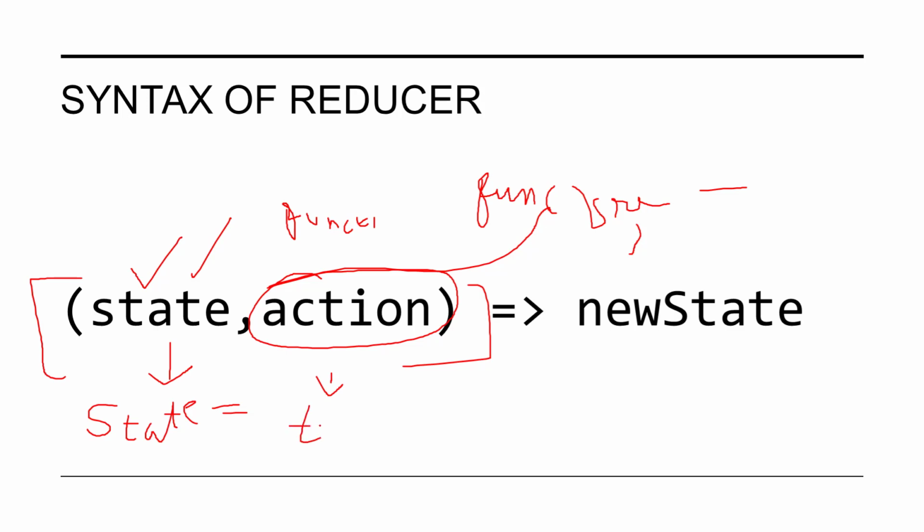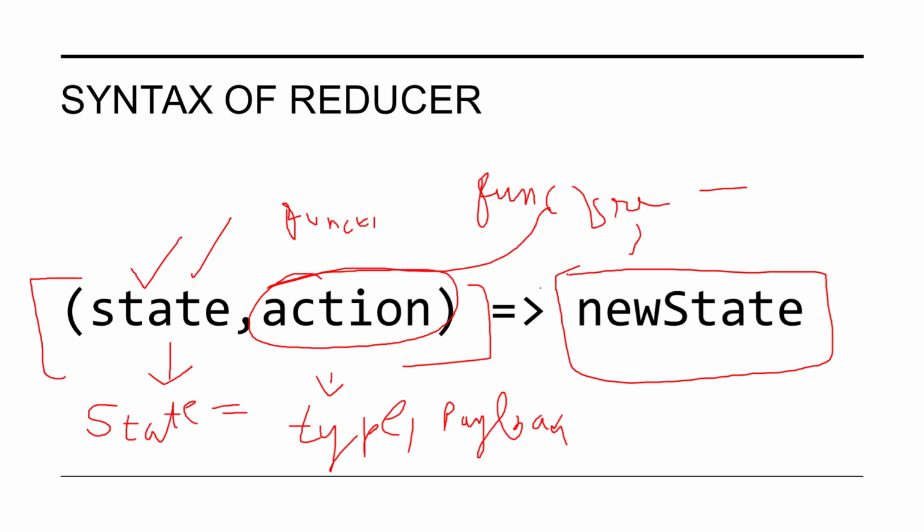First it will be the type of action, and then there will be our payload. Payload means what is our data. Then after applying the action and changing the previous state to the new state, it will return our new state.